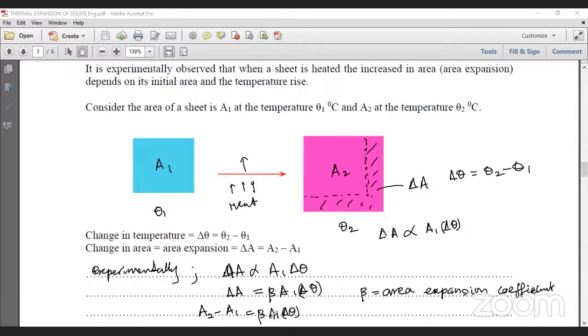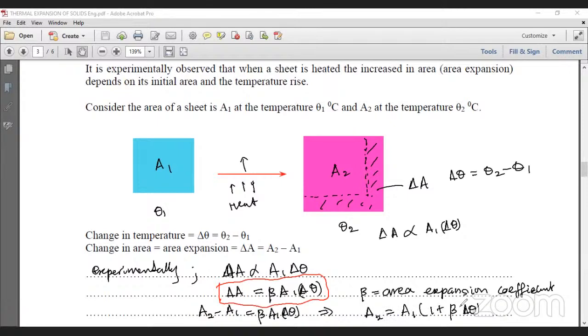We can use this equation as a fundamental one, directly. Taking A1 to the side, you can write A2 equals A1 times (1 plus beta delta theta).